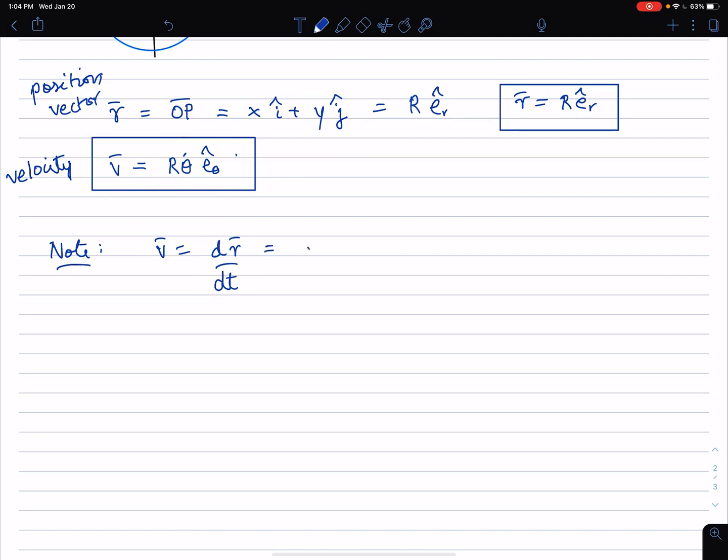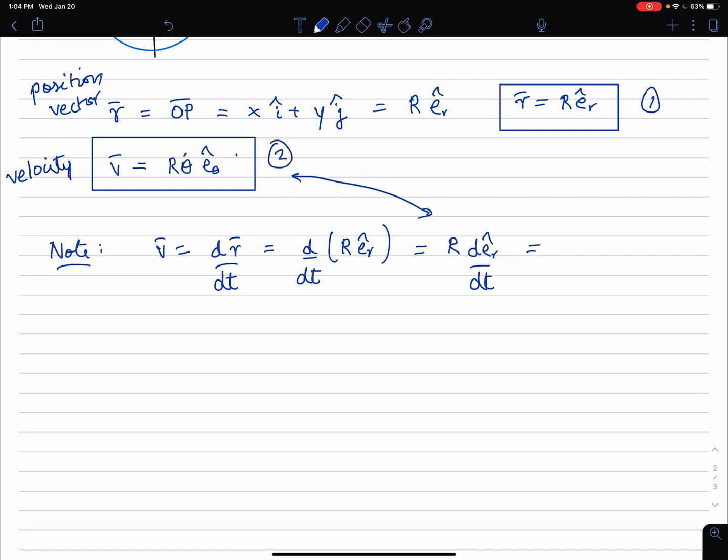Okay, so v is dr by dt, rate of change of position vector, which is basically d by dt of r e r, which is r d e r by dt because r is just a constant. But we already know that this quantity equals, let's call this 1, let's call this 2, r theta dot e theta from 2.